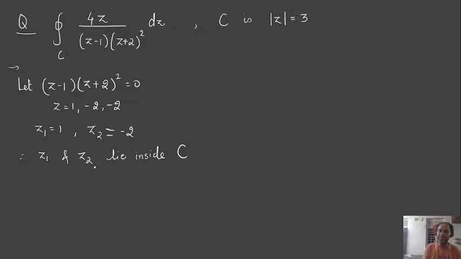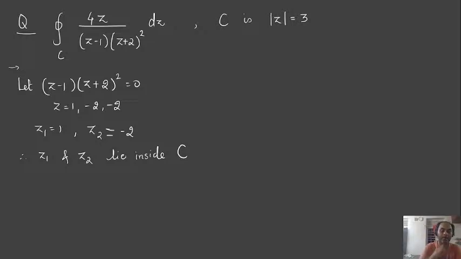This is very easy to verify. You just take the modulus of z1, that is 1, and modulus of minus 2 is 2, which is less than 3. Both the answers should be less than the radius, so they will be inside the circle.